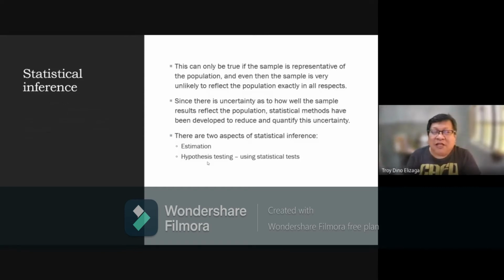Because things are not always perfect, so we have to find a way to still come up with something which is acceptable. And then there are two aspects of statistical inference. One is estimation, the other one is hypothesis testing or using statistical tests. And this lecture is about the first one, which is estimation.